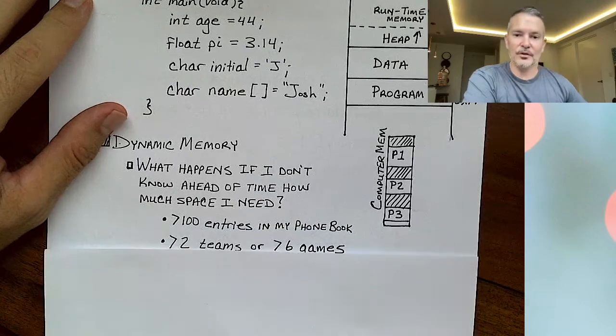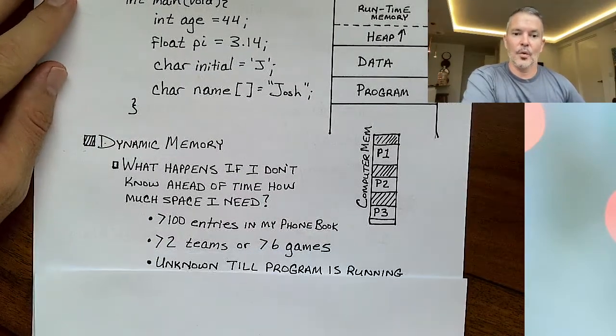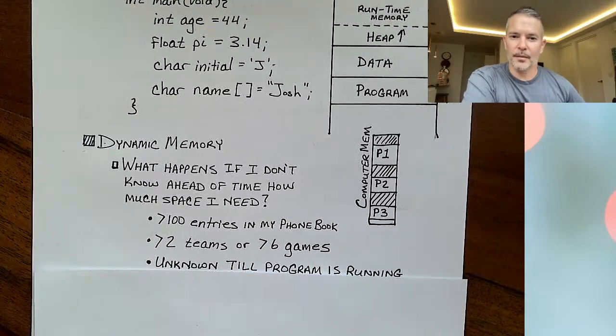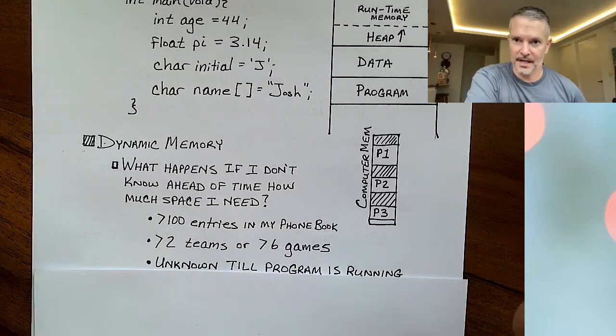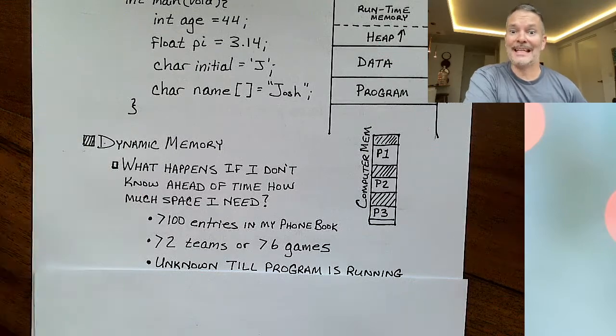So let's think a little bit about why we would want dynamic memory. What happens if I don't know ahead of time, as I'm writing my program, how big I need my array to be or how much data I'm going to have to process?